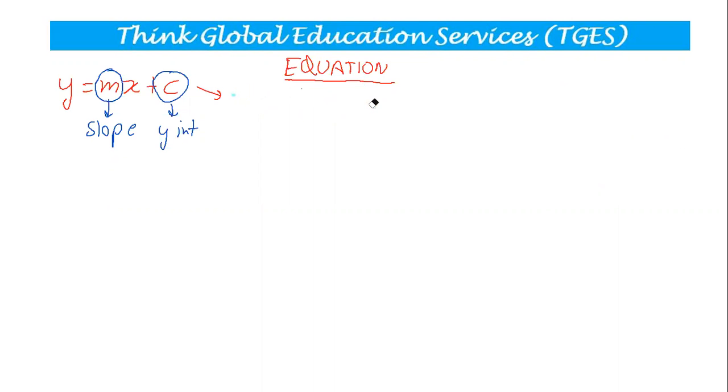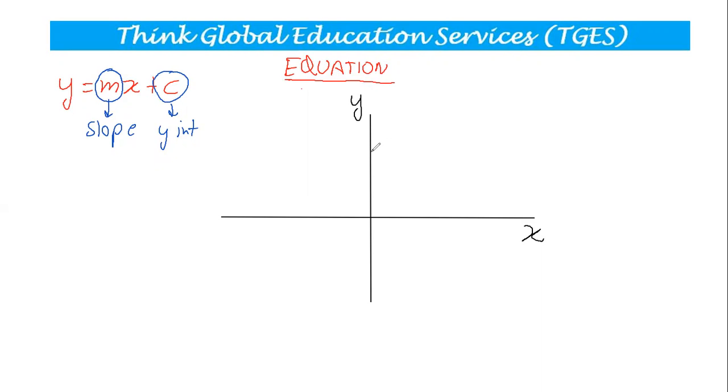So now let's take some examples and try to understand this equation of a line in a better way. Let me draw the coordinates. So this is the x-axis, this is the y-axis. Now suppose I say y is equal to 5.